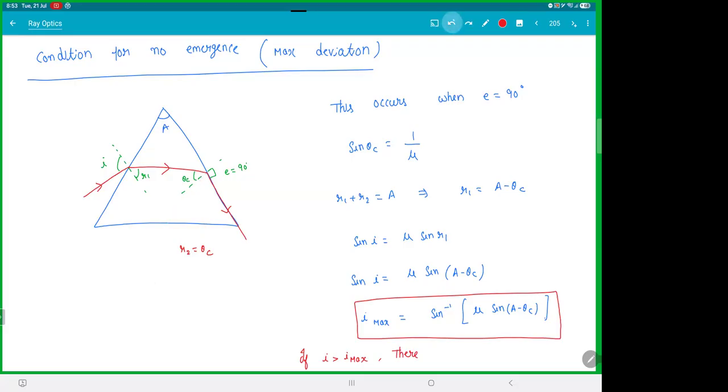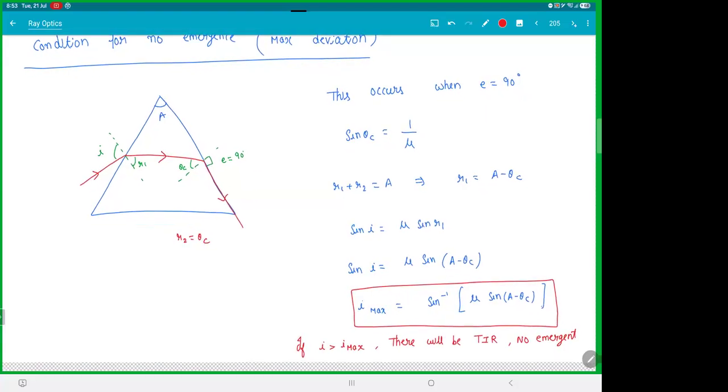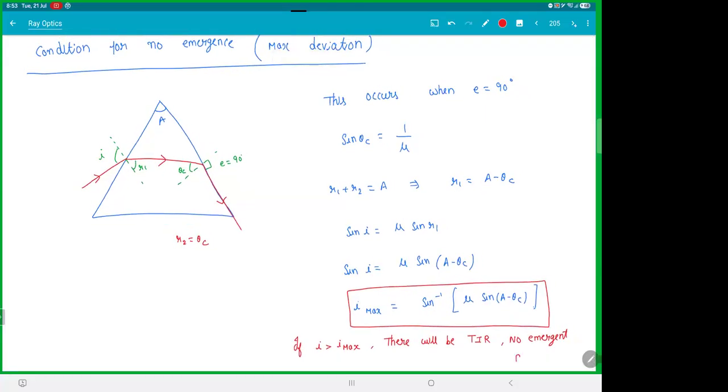We are not going to do that. This is your maximum deviation. All clear with this?